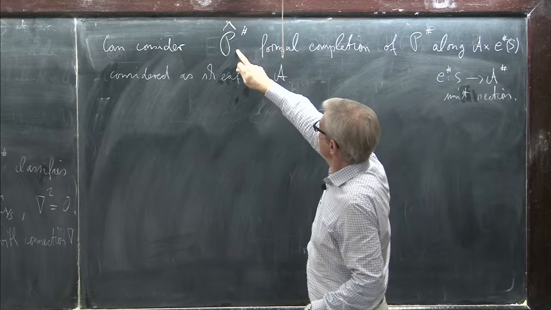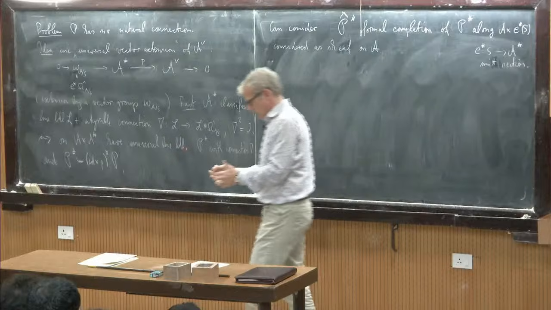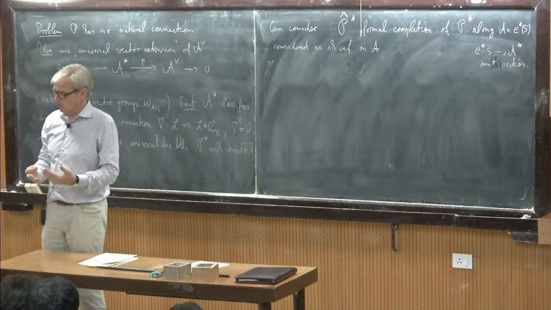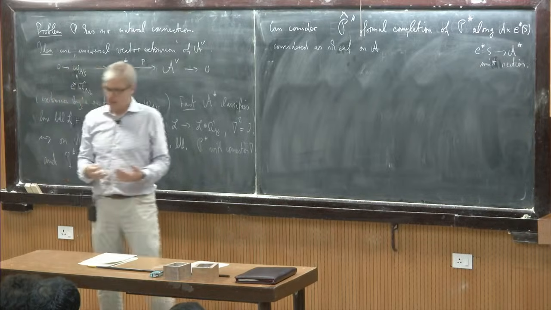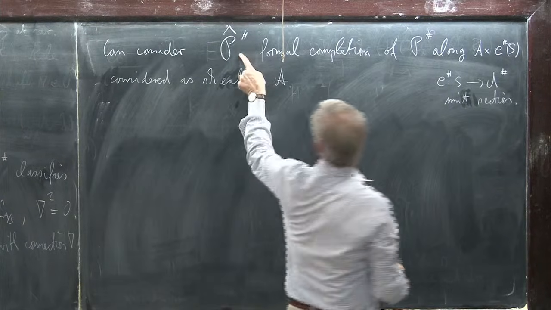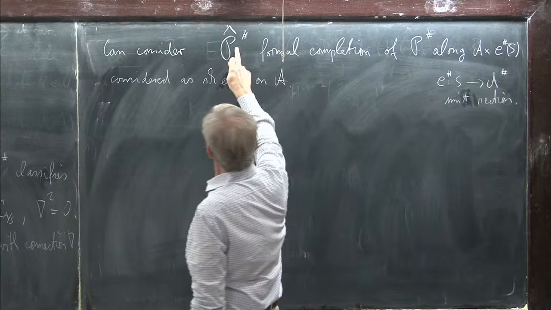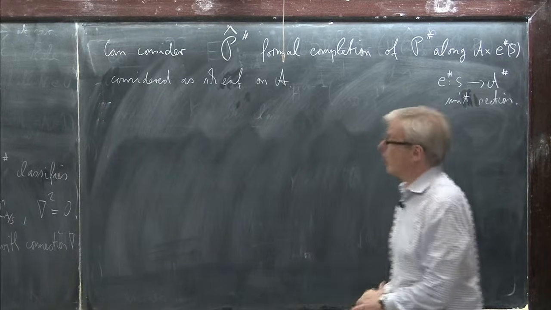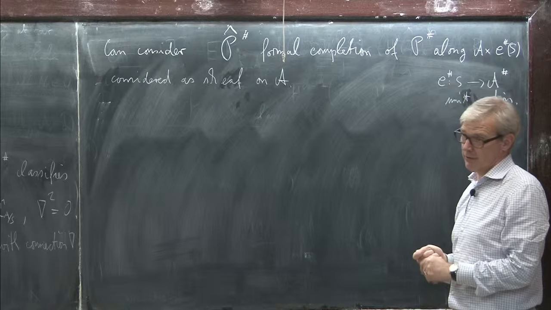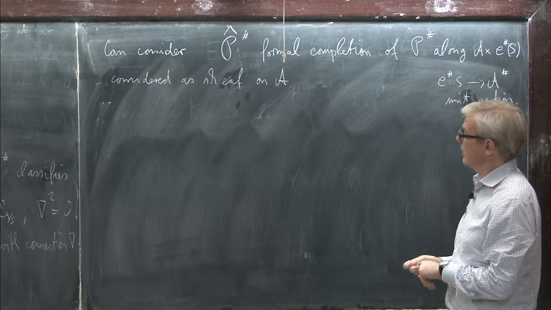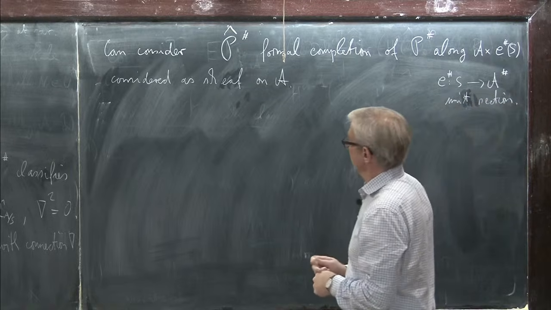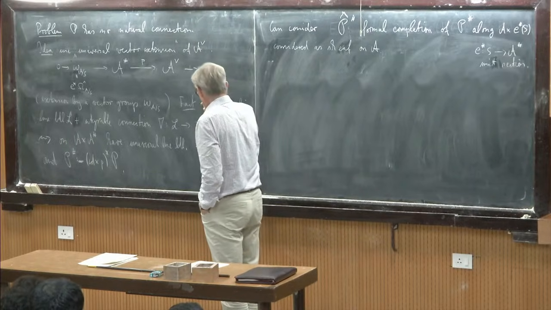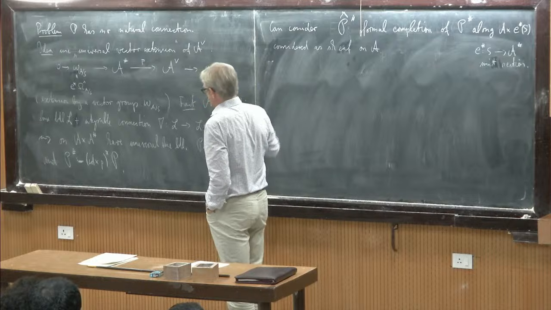The analog of a local system in de Rham cohomology is a bundle with an integrable connection, and that's exactly this. On this formal completion you still have this connection, and one can prove that this is really the logarithm sheaf in this theory, so that is the right analog.